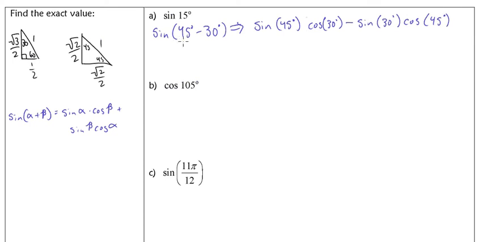So sine of the first angle times cosine of the second, minus sine of the second angle times cosine of the first. And now what are all these equivalencies?